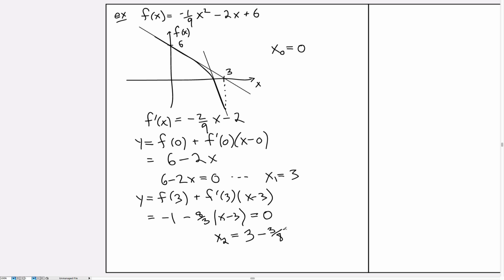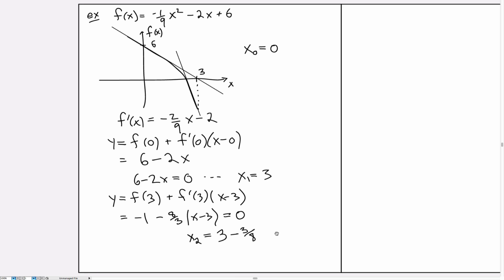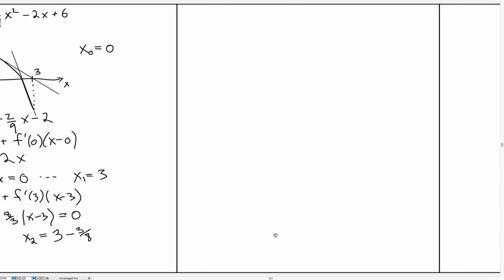Okay, so this is the type of procedure we're going to go through in general, but we don't have to find the tangent line every single time. So how do we do this otherwise? Let's write down a general expression for the intercept of a tangent line.